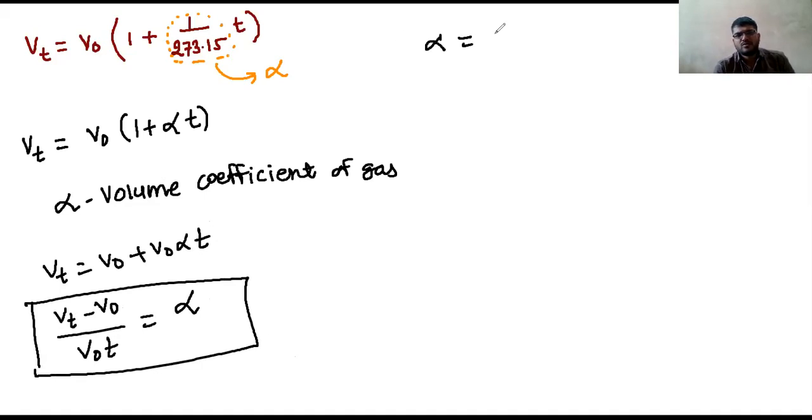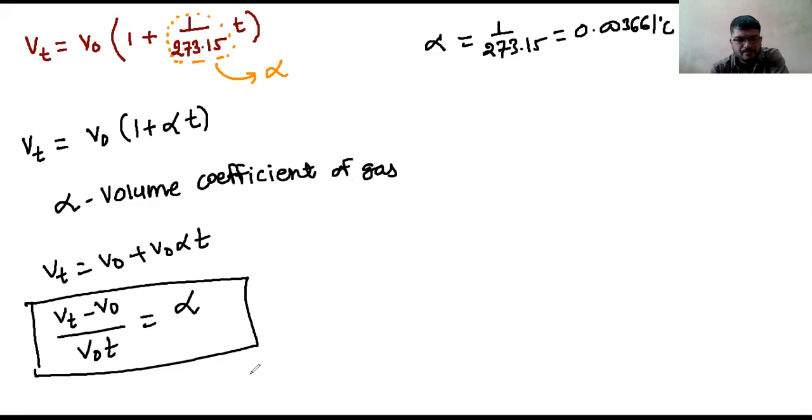Alpha is equal to 1 by 273.15, which is equal to 0.00366 per degree Celsius. You can check this alpha value against what I have written on the board. Clear?